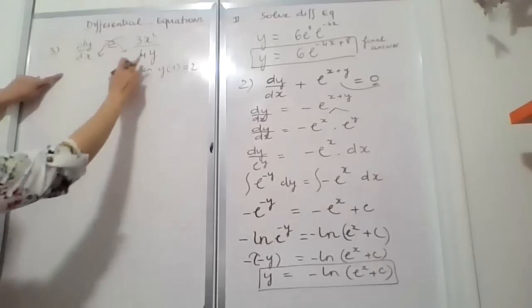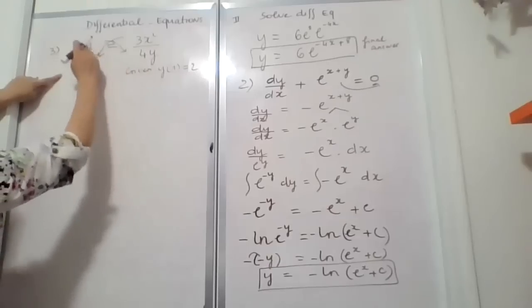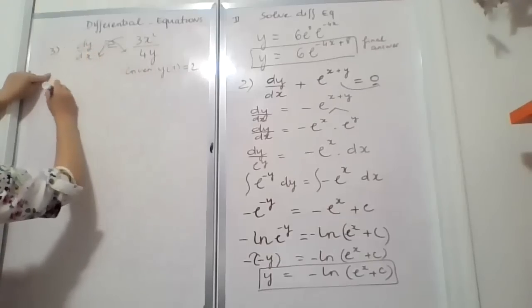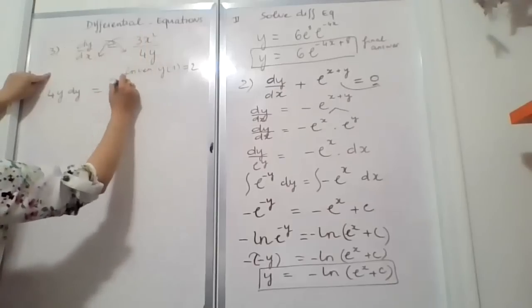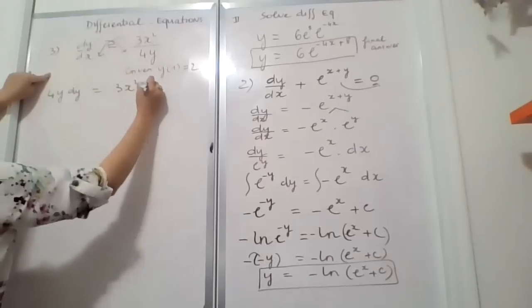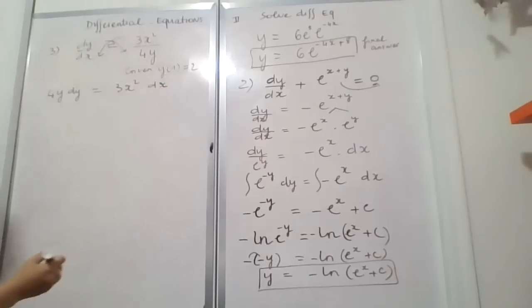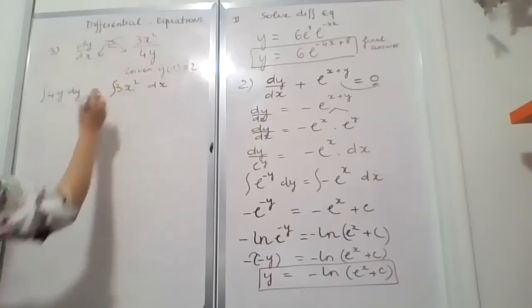Okay, so 4y dy, right? 4y times dy equal 3x squared times dx, right? Cross multiply. At this point, we're going to integrate both sides.